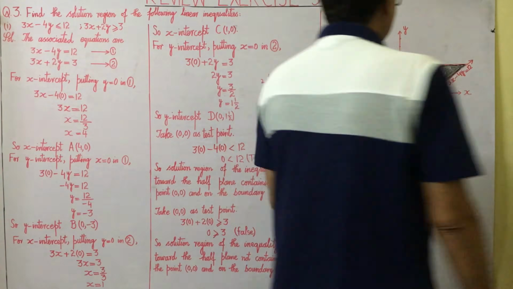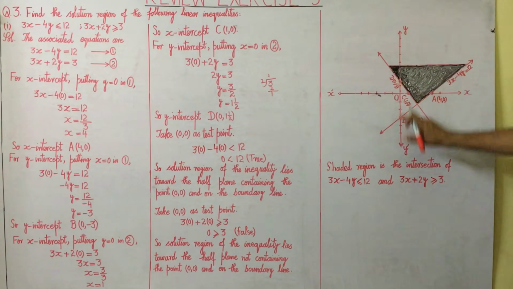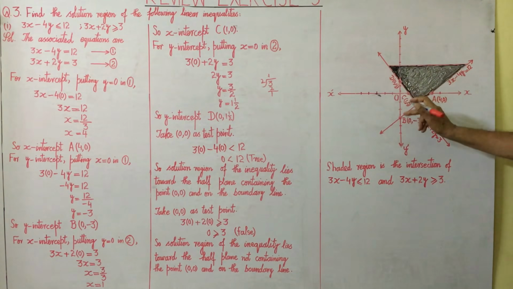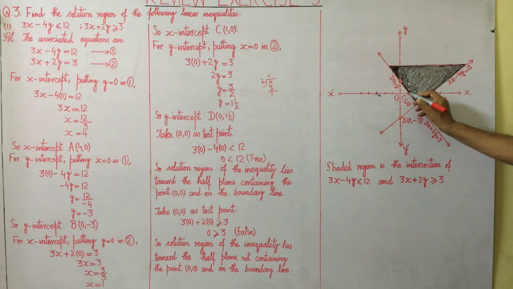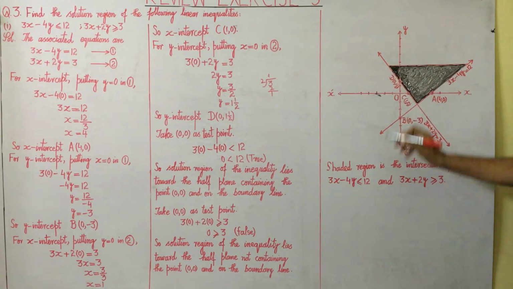Let us draw xy plane, x-axis, y-axis. On x-axis and y-axis we mark equidistant points. Here I have taken 1 inch distance.